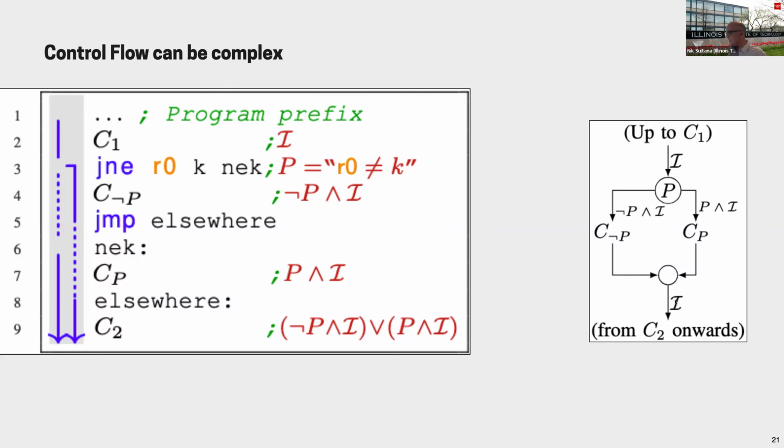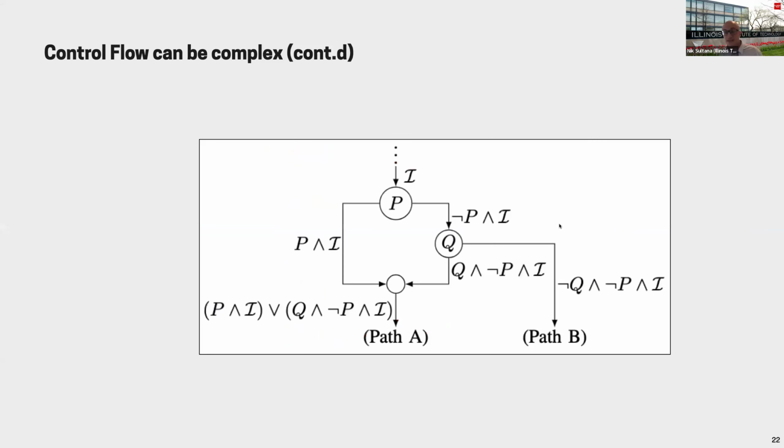So at I, we don't necessarily know whether we came through the P or the not P approach. Anyway, this gets really complex, right? So even though eBPF is a relatively simple language, it can get pretty complex pretty fast. So the takeaway is that we don't want the human to be in this particular loop, right? We don't want to rely on humans to do this policy enforcement and policy checking.